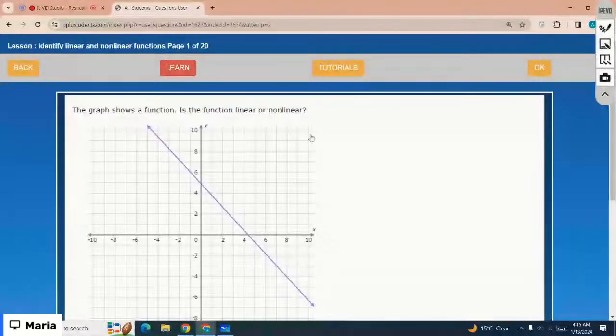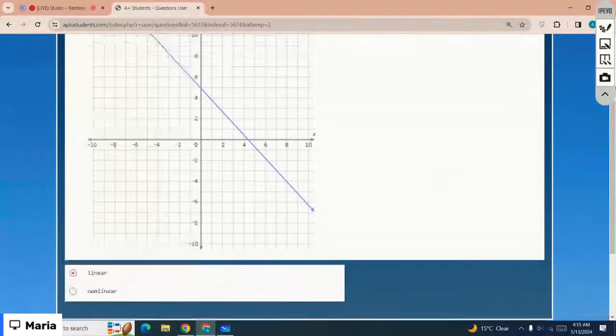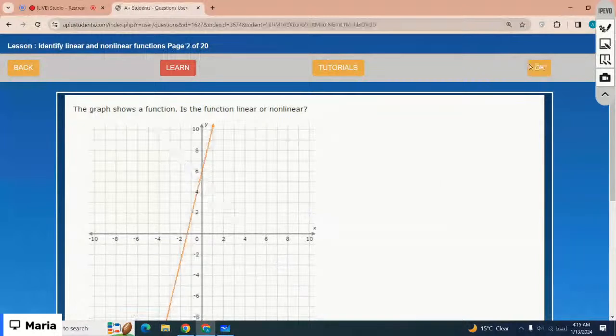This graph shows a function. Is the function linear or non-linear? Which is the correct option? Yes, you can see the function is exactly a straight line, right? So that means the function is a linear function. The graph shows a function.